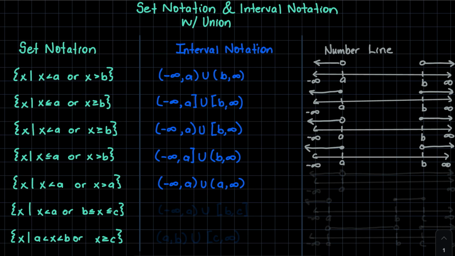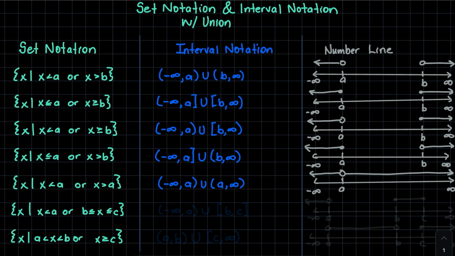So on the number line, we have a. We have an open circle at a because a is not included, but everything to the left is included and everything to the right is included. Again, indicating all real numbers except for a.